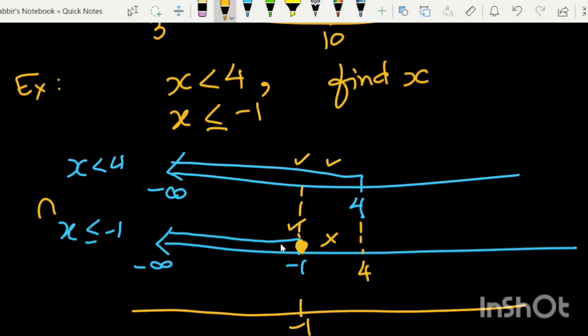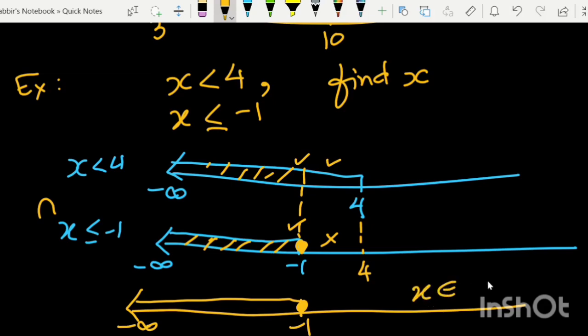Now moving further on the left-hand side, all the values lesser than minus 1 are included here and here also. So finally the common solution would be minus infinity to minus 1, with minus 1 included. So x belongs to minus infinity to minus 1, minus 1 included.